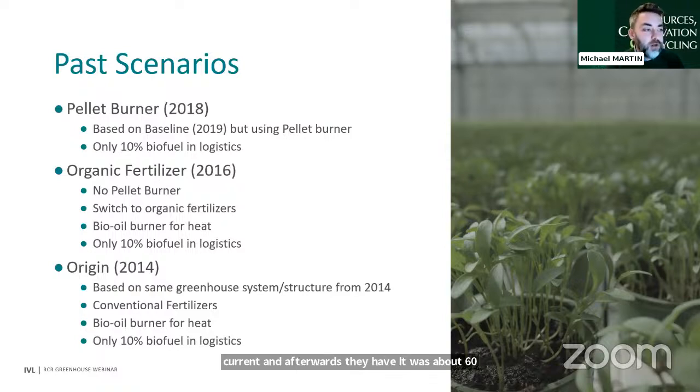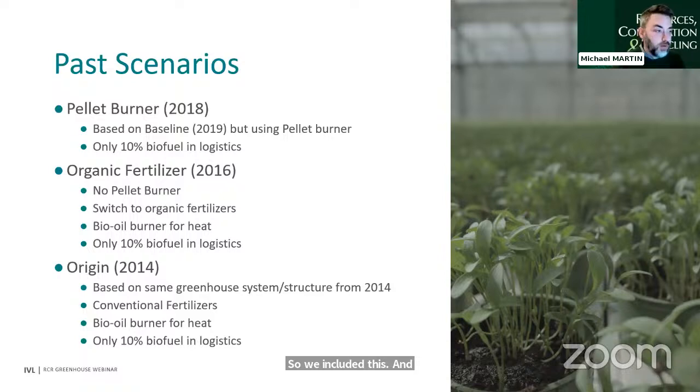And before this scenario, in 2016, there was another interesting thing that happened. They actually became organic certified, and they did this by having an organic fertilizer put in place. So they took some industry residues and they need to nitrify it. So we included this, and again, it builds on the previous one, so there was no pellet burner.